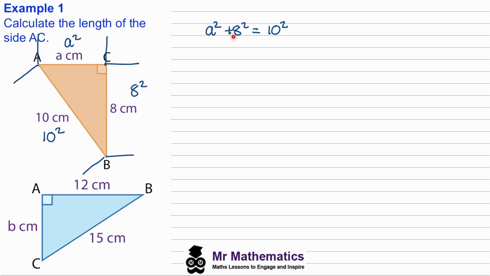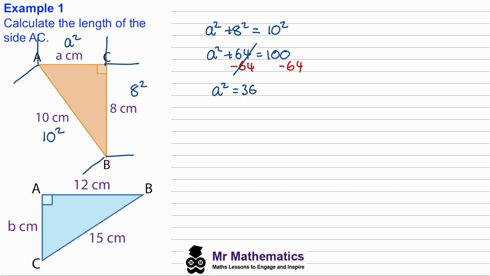And we can work out 8 squared as 64 and 10 squared as 100. So we get A squared plus the 64 will equal 100. And then we can subtract the 64 from both sides. And then these two will cancel, so we'll have A squared will be the 100, take away the 64, so this will be equal to 36.